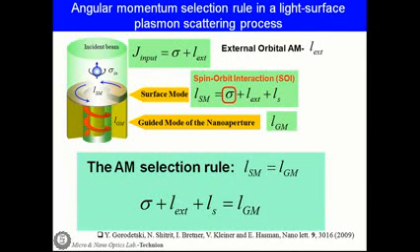We can understand it as the angular selection rule in a light-surface plasmon scattering process. The total angular momentum of the incident beam is equal to the intrinsic plus extrinsic, if we have it. We couple it into the surface wave, so the total orbital angular momentum of the surface wave is equal to the angular momentum of the incident beam plus the angular momentum due to the spiral structure, which is the L structure.